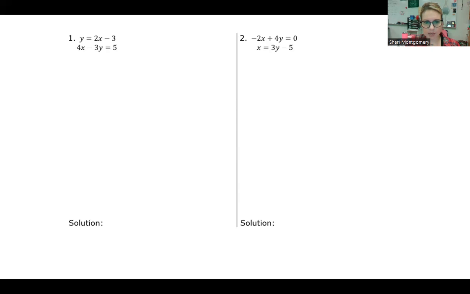We're going to take this y equals stuff, and we're going to plug it in wherever we see y in the other equation. So I'm going to rewrite that equation. I'm going to take that stuff and plug it in right there, and I'm going to rewrite it.